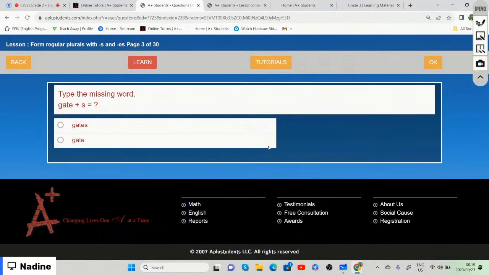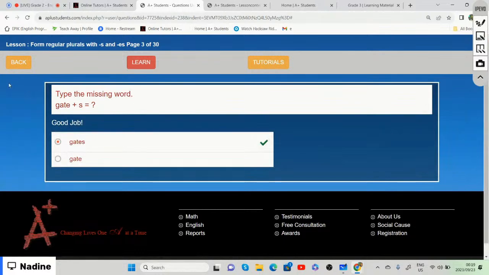Gate or gates? All right, so if we say gate plus S, then it is gates.